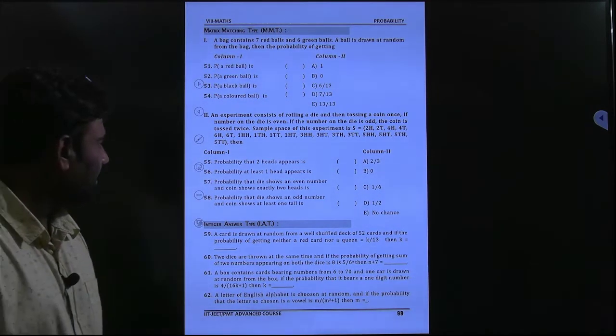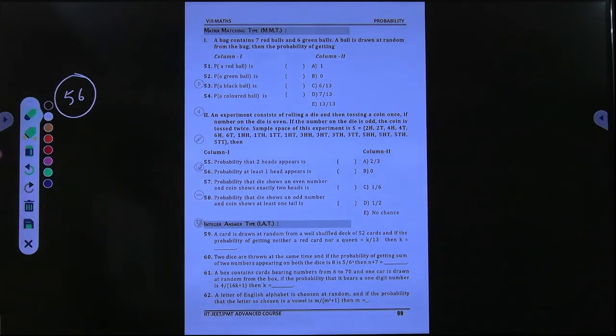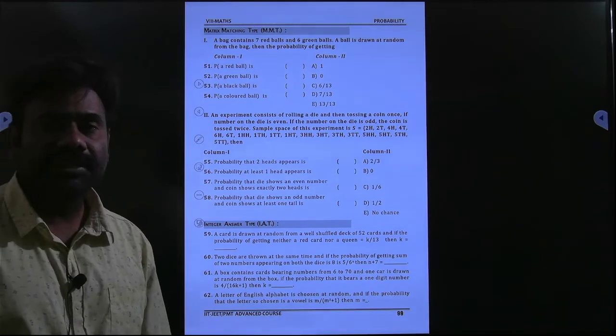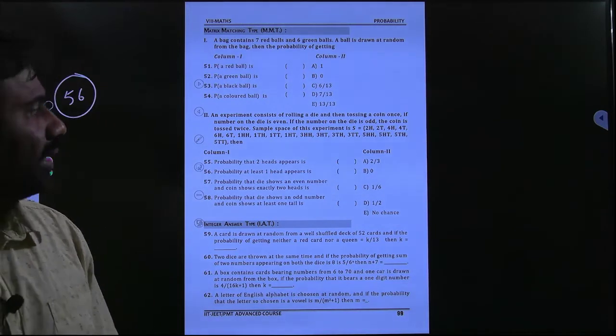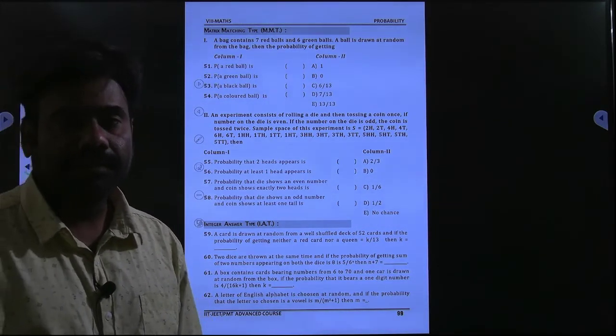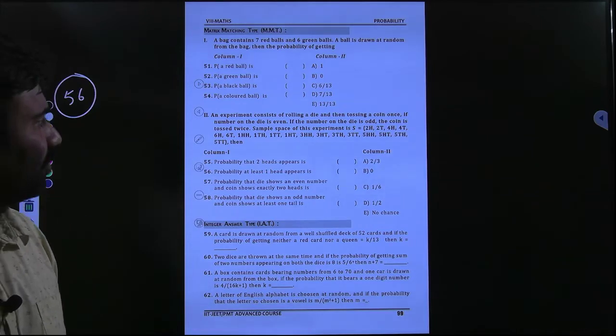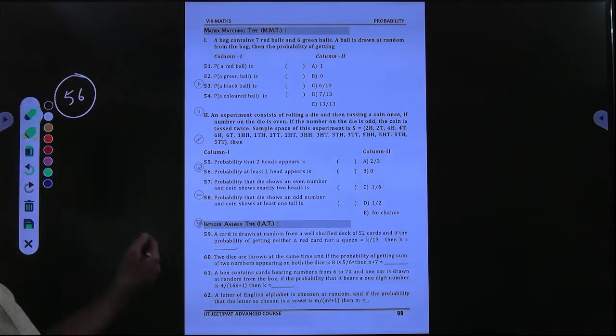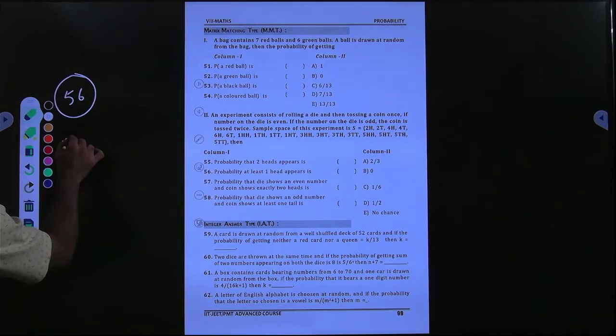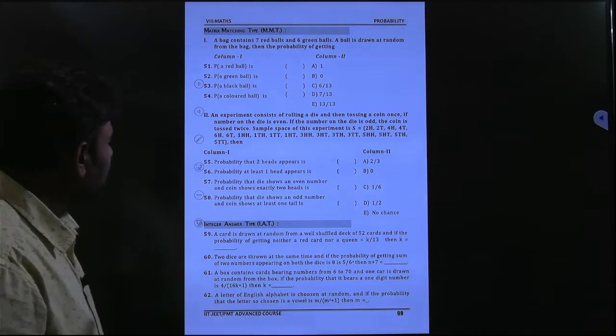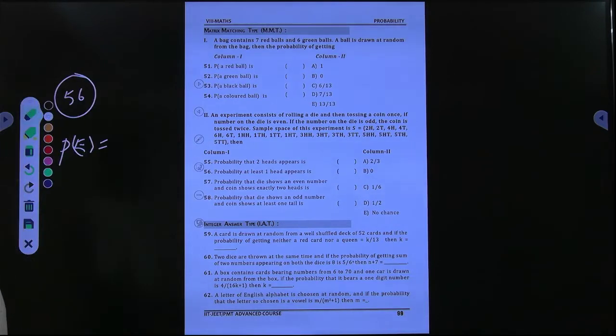The probability that at least one head appears. At least one head means you have to understand it as either one head or more than one head, meaning the minimum number of heads should be 1. Let P of E be the probability that at least one head appears.